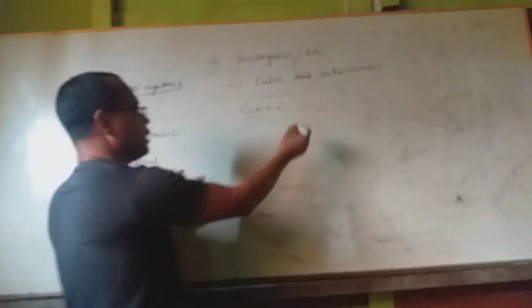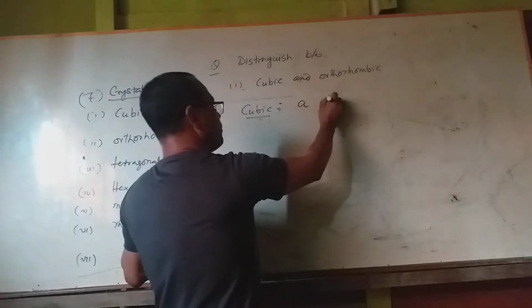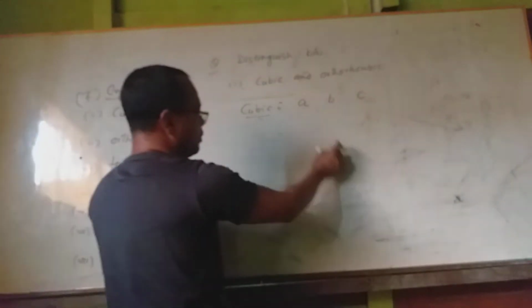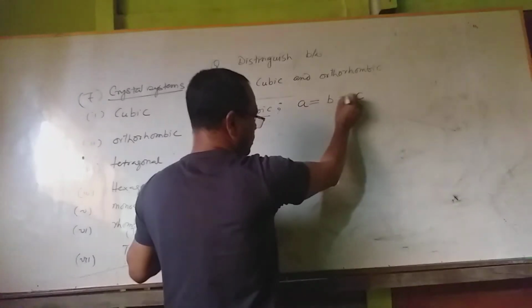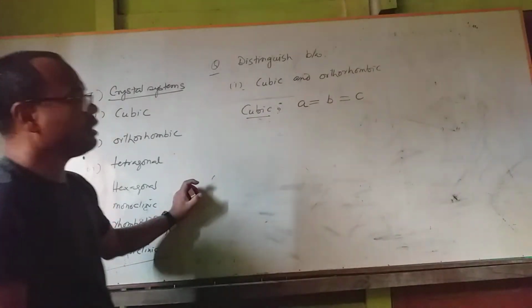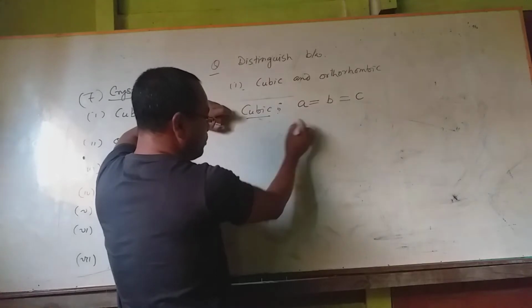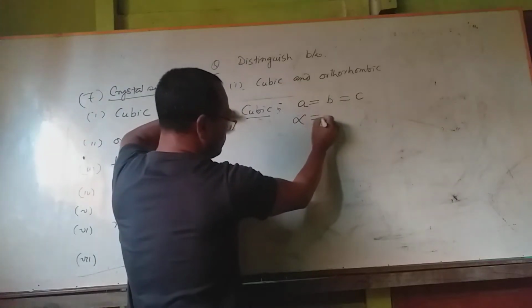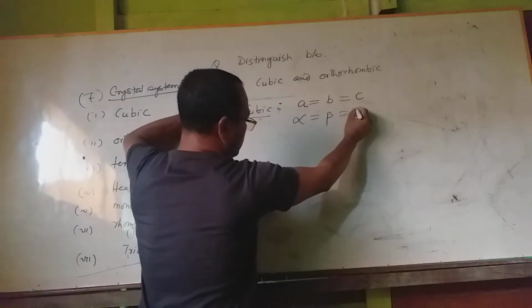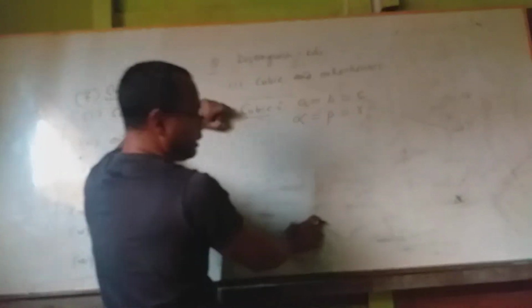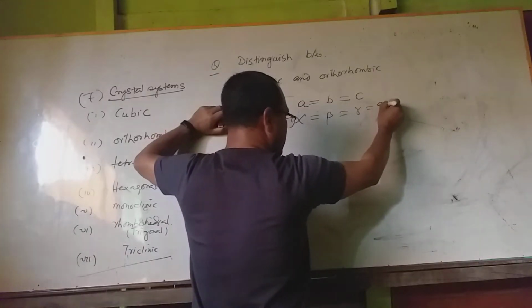In the case of the cubic, the axial lengths A, B and C, all these 3 sides are equal. And what about the axial angles? In our cubic, the axial angles alpha, beta and gamma, all these 3 angles are equal to 90 degrees.